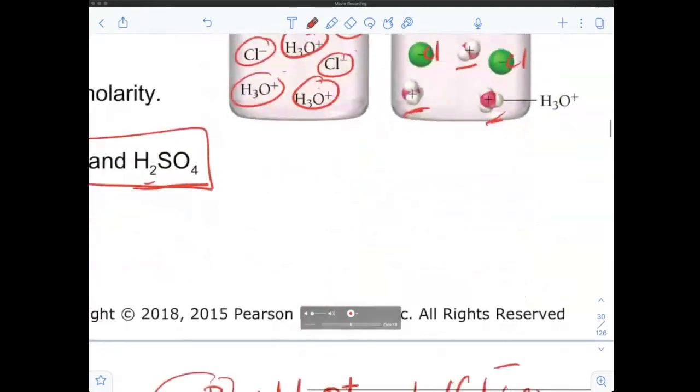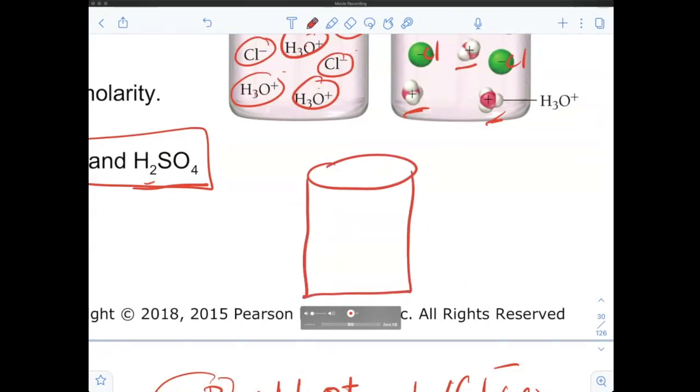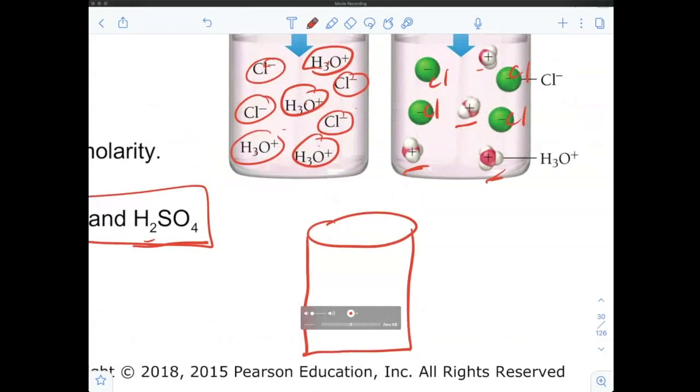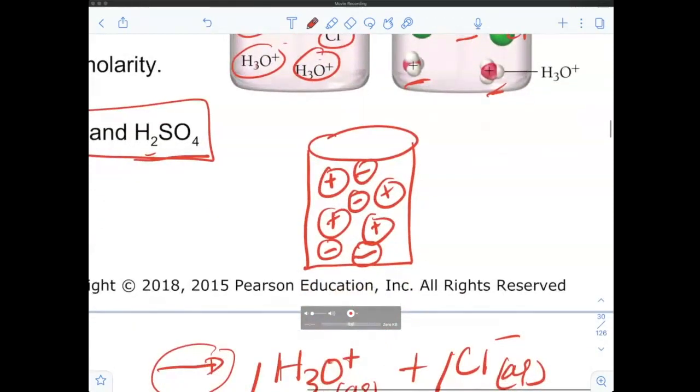I just want to show you guys how to read this stuff. Some people will show the same picture, and since you have four particles on each side, they'll just say positive, positive, positive, positive, then negative, negative, negative, negative. So you want to know how to interpret these pictures, okay?